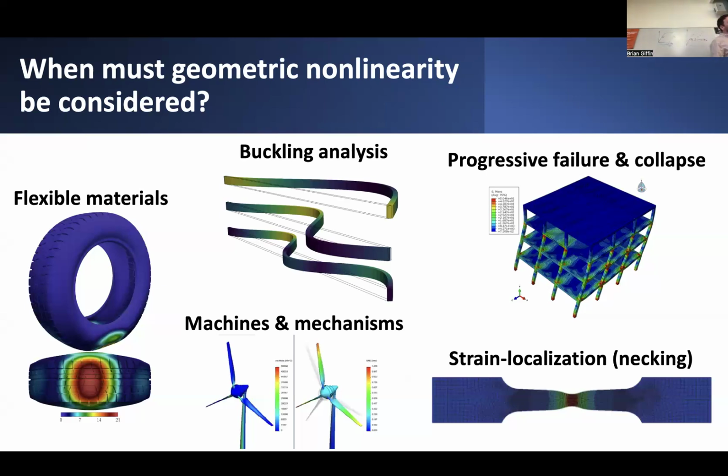As the material resists or fails to resist some applied load, it might deflect significantly. You might start to get that P delta effect in some of these columns. And to be able to resolve what's going on, you might need to actually turn on large deformation.